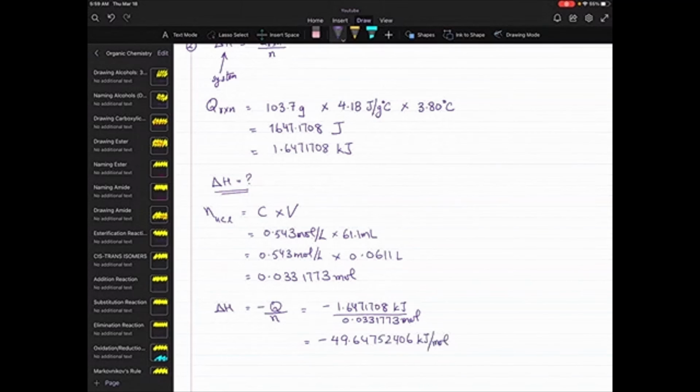Rounding off to the proper number of significant digits, the Q value was 3 significant figures. The volume was also 3 significant figures. The answer should be 3. So in other words, this should be a negative 49.6 kilojoules per mole.